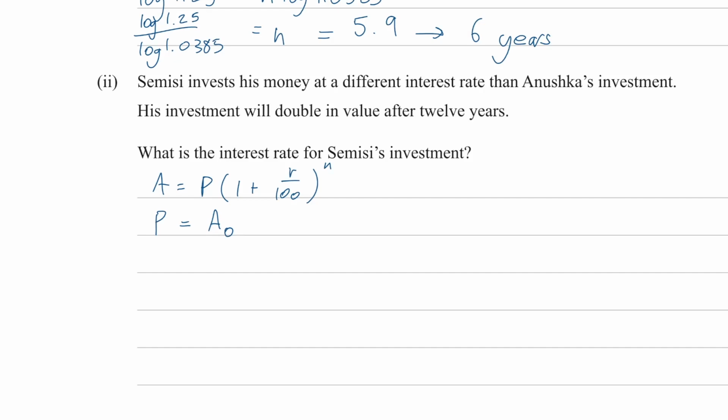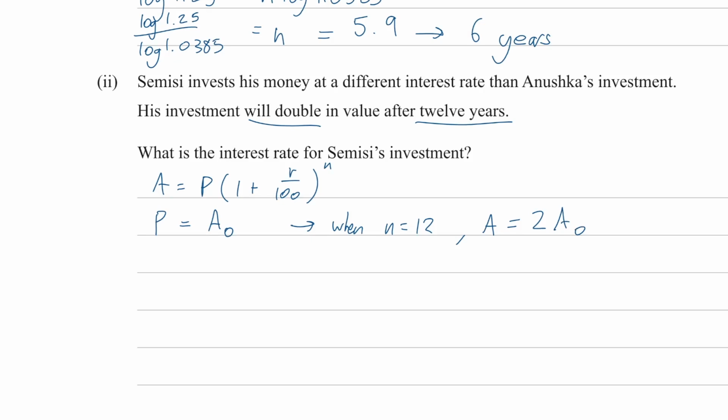So A0, naught meaning initial. And now it will double after 12 years. So when n is 12, his amount A will be double his initial amount. So it will be twice as much as his initial amount.